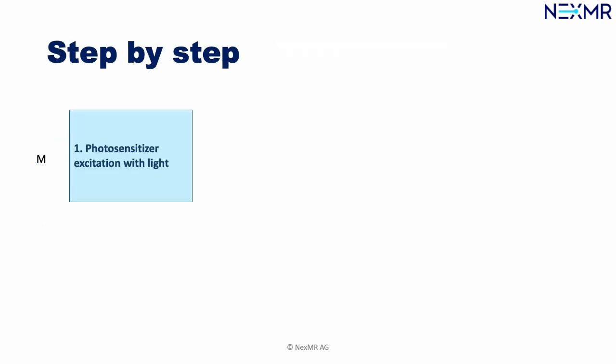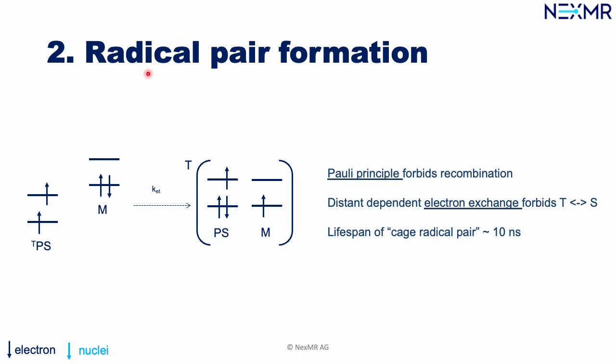Once we have excited our photosensitizer with light, and it is now in the triplet state, it will be able to form a radical pair. So you see the triplet state molecule is now close to the molecule M, and an electron transfer can take place from the molecule M to the triplet state photosensitizer.